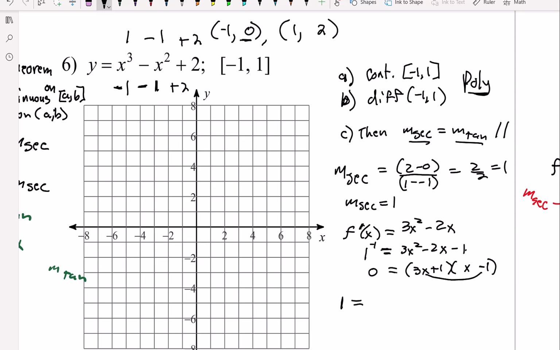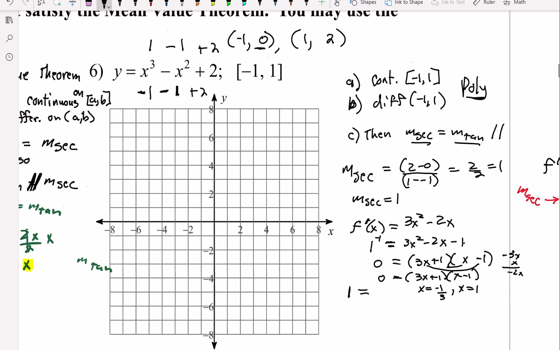That will be negative 3x. That will be positive x. Add them together, you get negative 2x. Good. So now we have 3x plus 1, x minus 1. So this x, the opposite of 1, is negative 1, and the opposite of multiplying by 3 is dividing by 3. And this x equals 1.